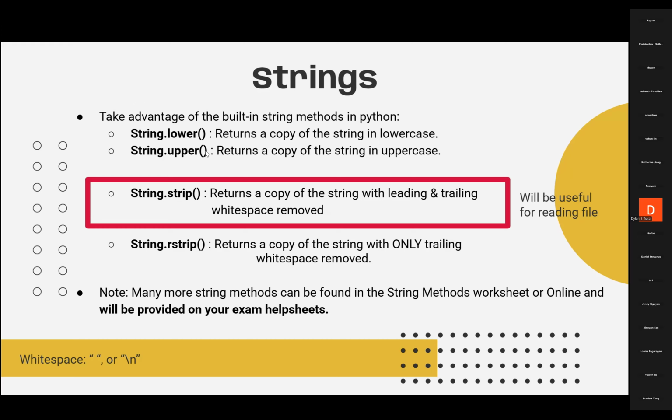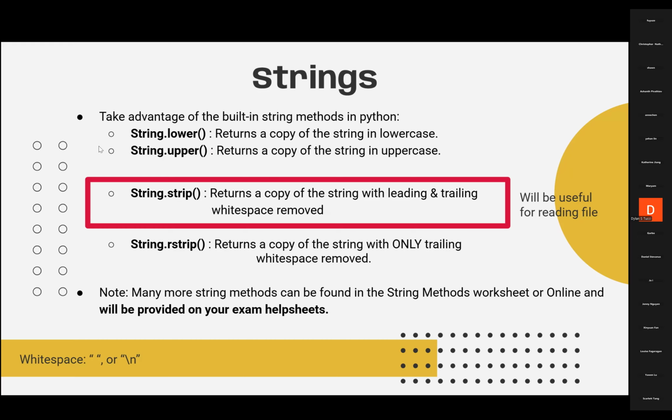There are many string methods in Python. You're not required to memorize all of them, but just know that if you think that is a common operation in string, you can expect that there will be a method for that. So you can just look at your help sheet and find the method. I will talk about 4 methods here.